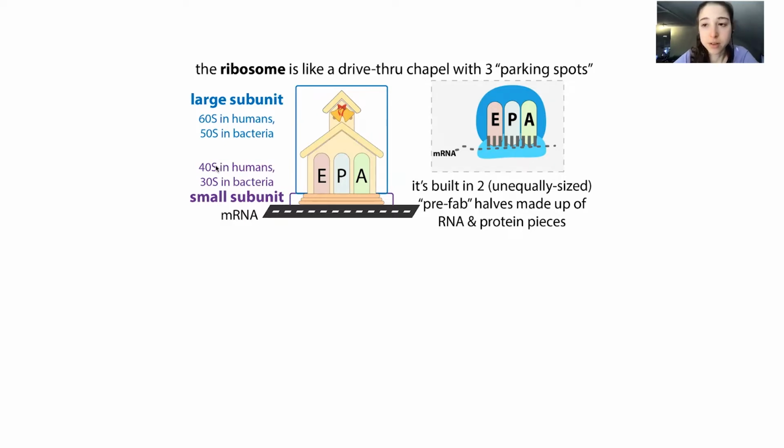What these numbers refer to is a unit called the Svedberg unit. Basically, you can separate complexes. This ribosome is a complex of protein and RNA. It's a super complex, and the RNA is actually doing most of the work, which is really cool.